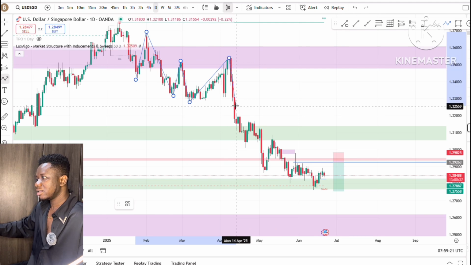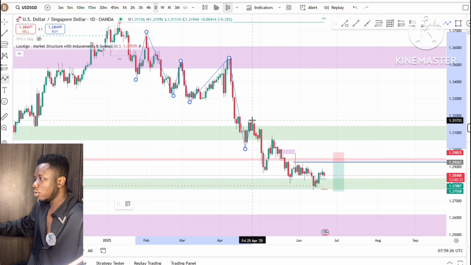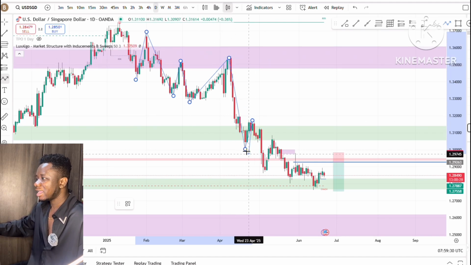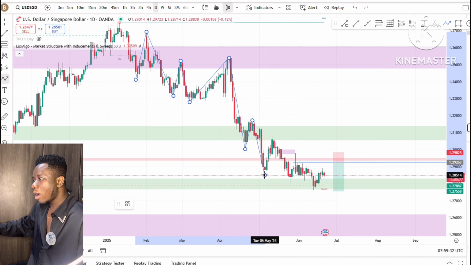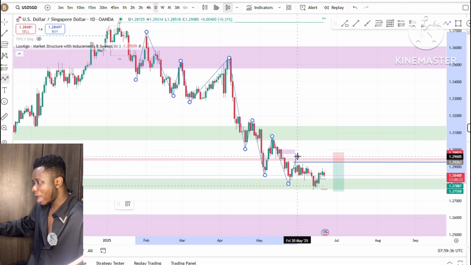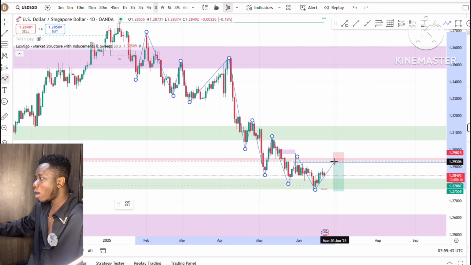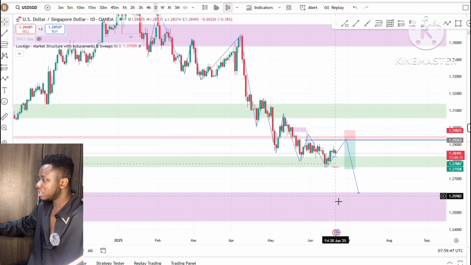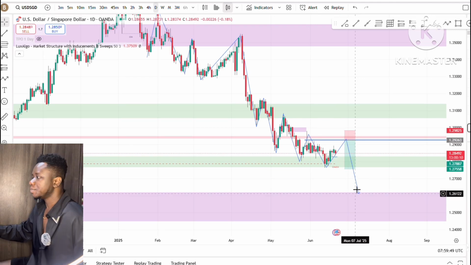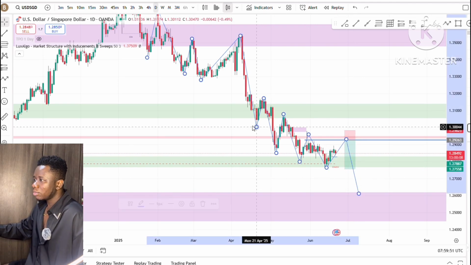Higher high, higher low here, lower low, lower high, because this high is lower than this high, and then lower low, lower high, lower low, lower high, lower low. Then I'm expecting price to create something like a lower high around here, and then sell directly into this 3 months area of support. So this is what I'm looking at.